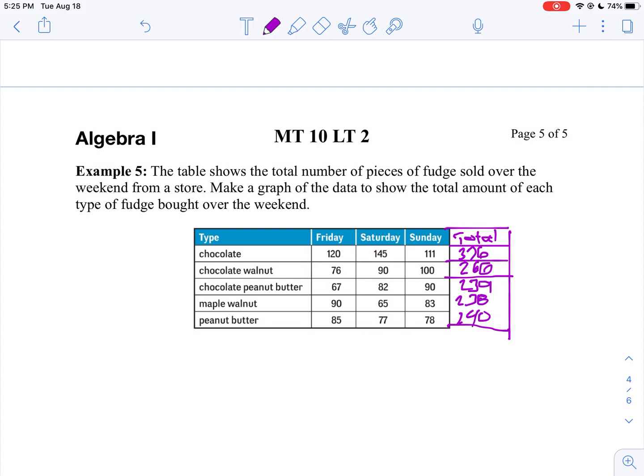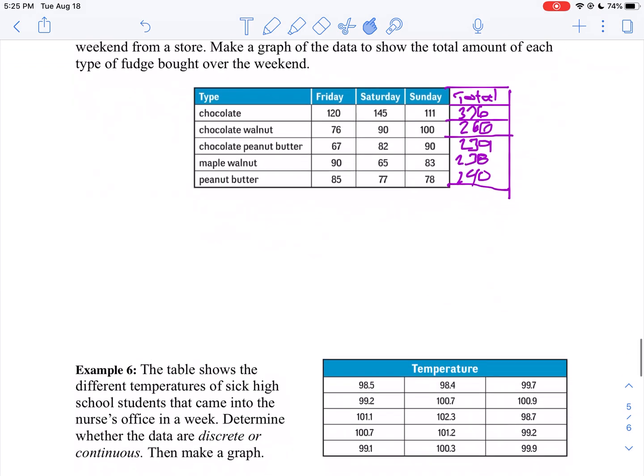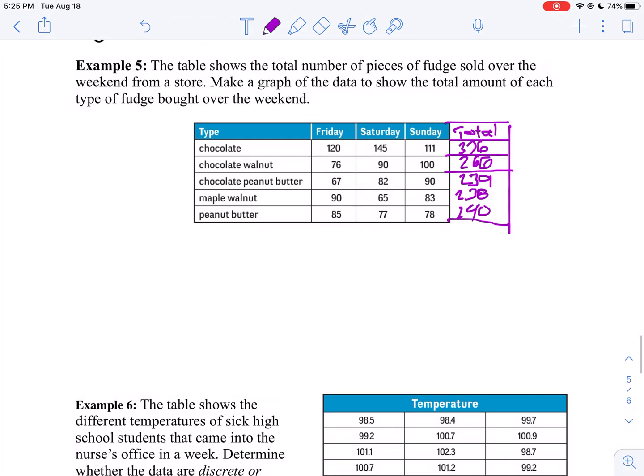Now, here's what we're going to do. We're going to make a bar graph. Except I'm not going to start at 0 this time. Actually, I take that back. I want to start at 0 because I was just thinking that would be kind of misleading.